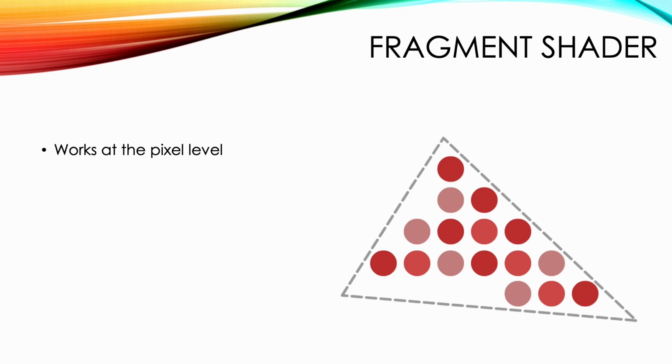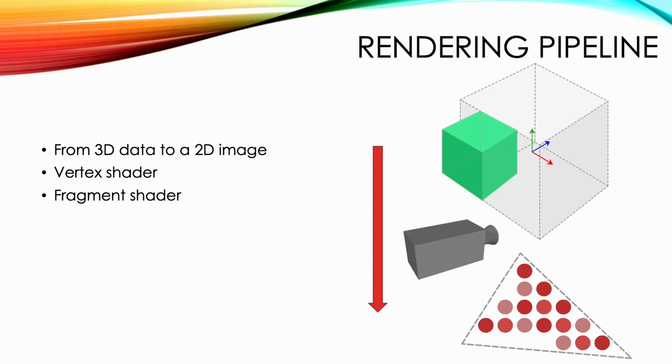The fragment shader follows the vertex shader, and so it already has the vertices converted into clip space coordinates. The purpose of the fragment shader is to determine the colour for the individual pixel. The process of taking the 3D data and turning this into a 2D picture is often called the rendering pipeline and takes this form. So that's what's happening under the hood.